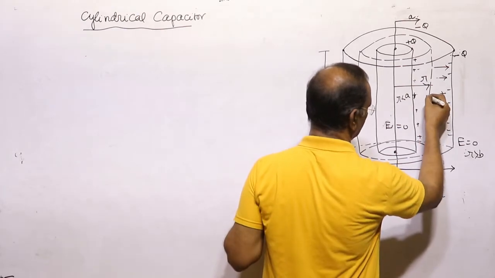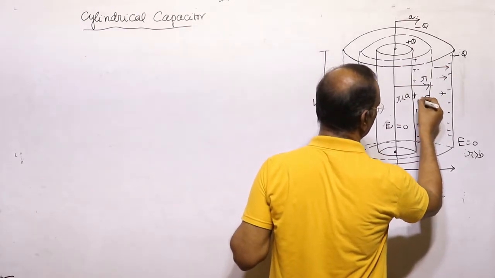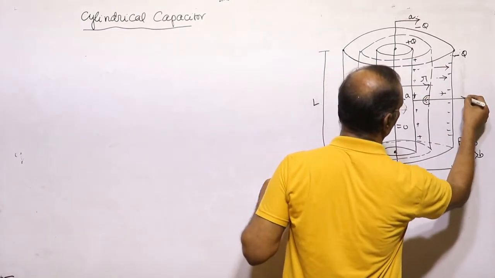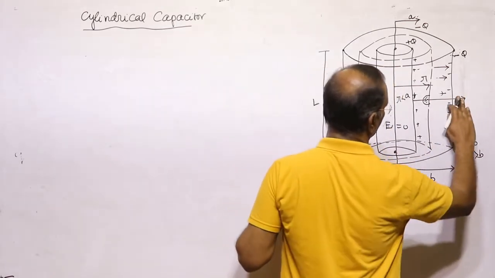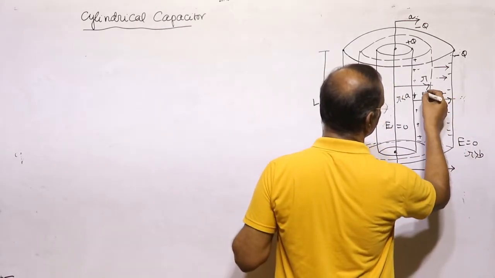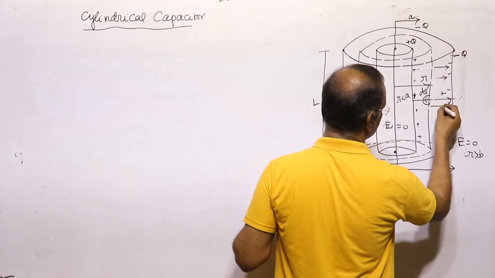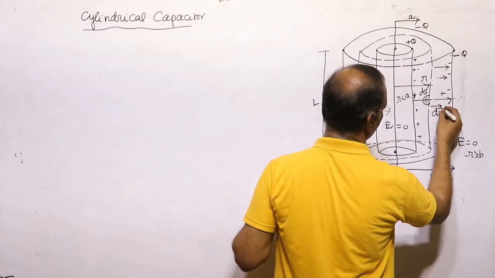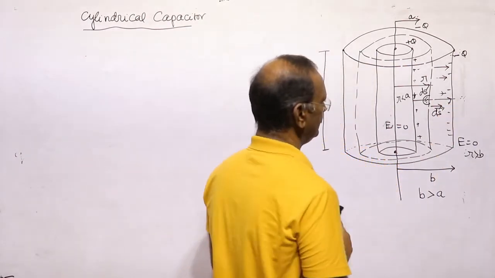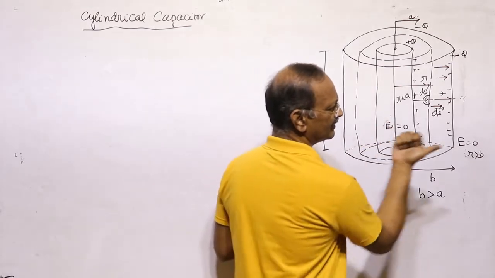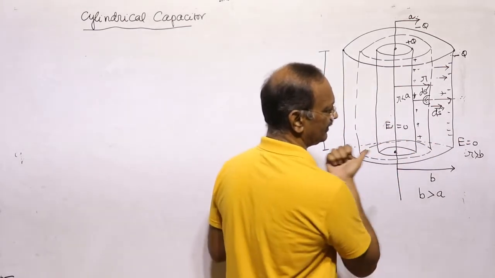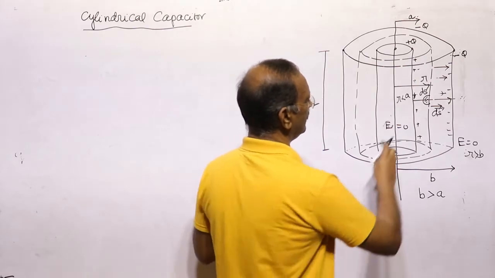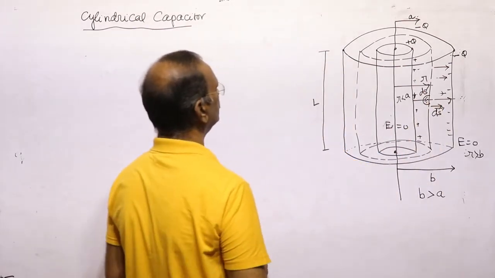So what about this electric field? The electric field is radially outward, and this is the ds area and this is the ds vector, because the ds vector on the surface will be perpendicular to it and the electric field is in this direction. So the angle between E and ds is equal to 0.